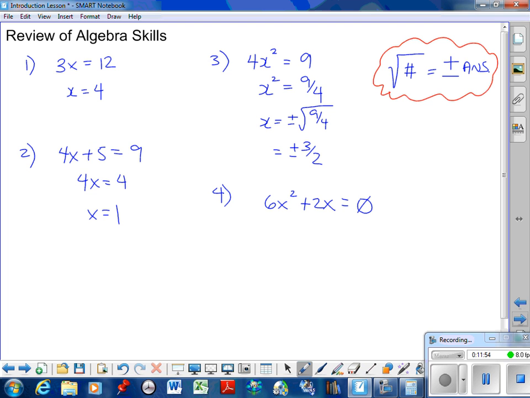I would expect you to be able to go, okay, so 2x comes out, and I'm left with 3x plus 1 equals 0. And I would expect you to be able to tell me the answer to that. So the solution to the first part here, x would have to be 0. The second part, to make that equal 0, it would have to be -1/3.